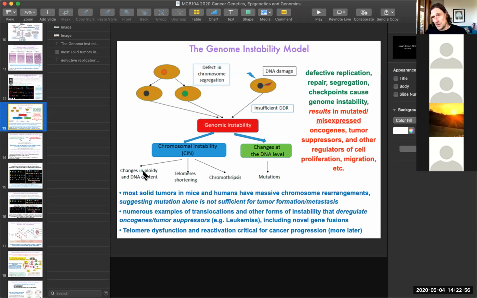And so they go from 2 copies of every chromosome to 4 copies of every chromosome. And then there are all sorts of changes in the amounts there. So anything at the chromosome level in terms of changes in the number or the organization of the chromosomes would be considered CIN. Genome instability is a more general term, which includes mutations.